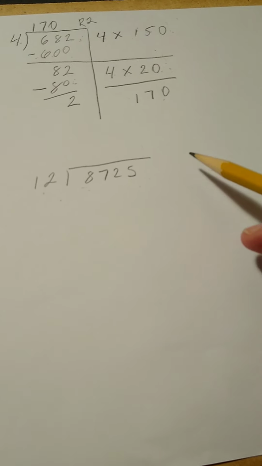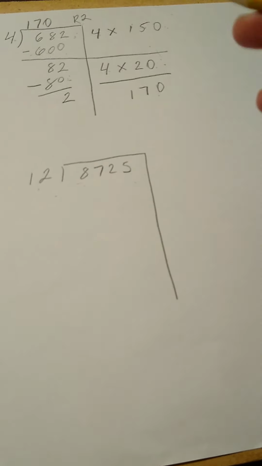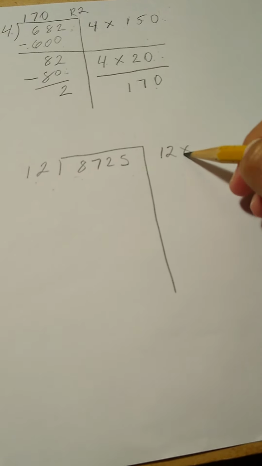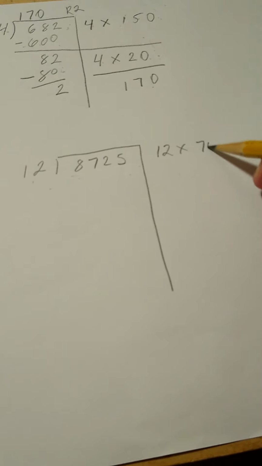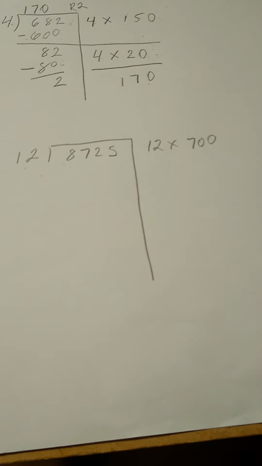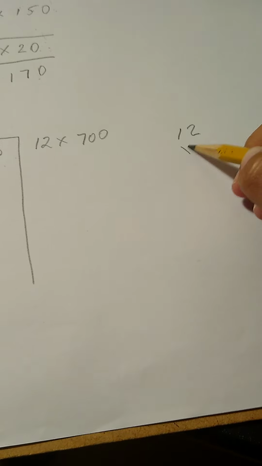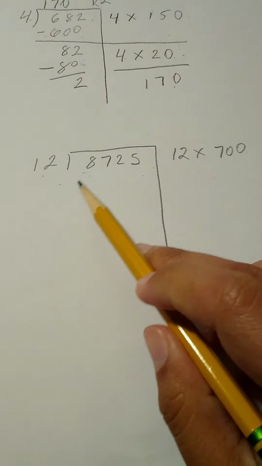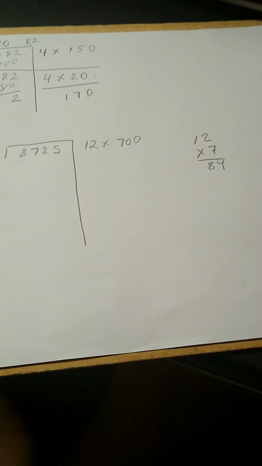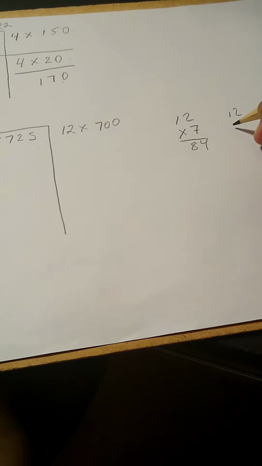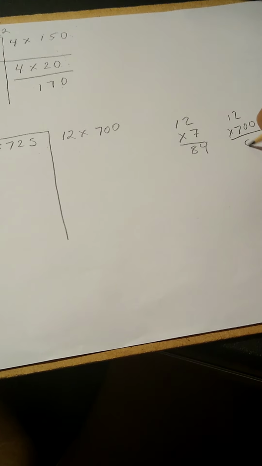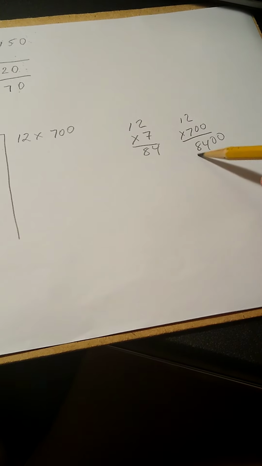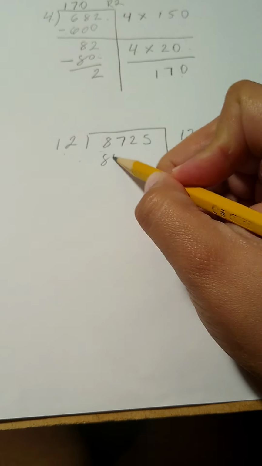So 12 times 700. So let's bring this down. It would be 12 times 700, because 12 times 7 is 84. Now the number's 8,725. If we do 12 times 700, we'll get 8,400.